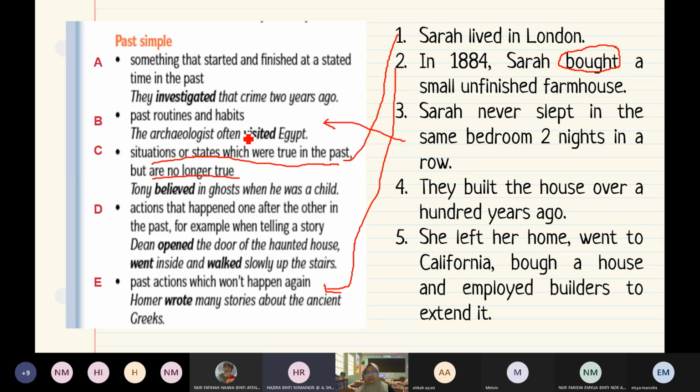Hazwa. What is your answer for number 4?